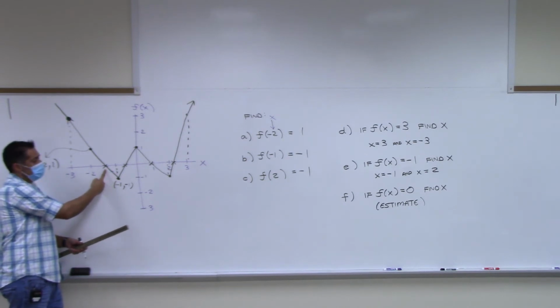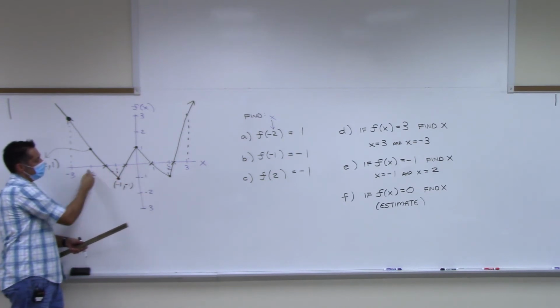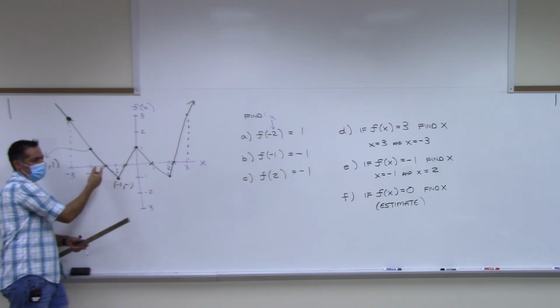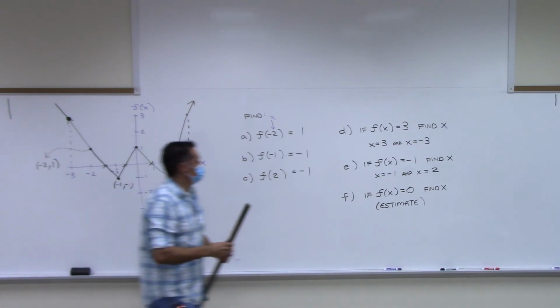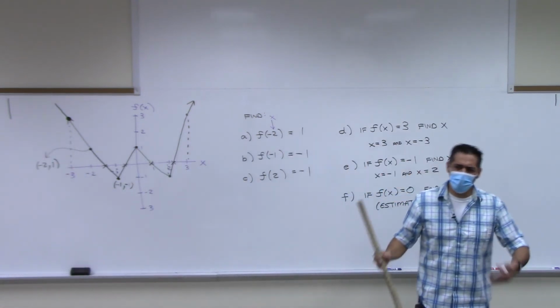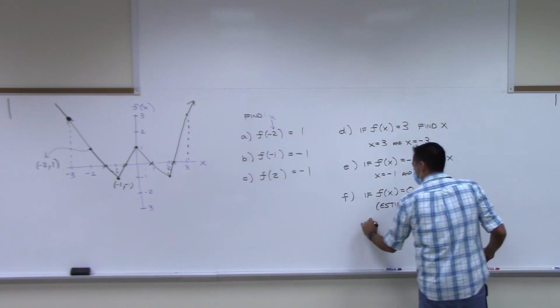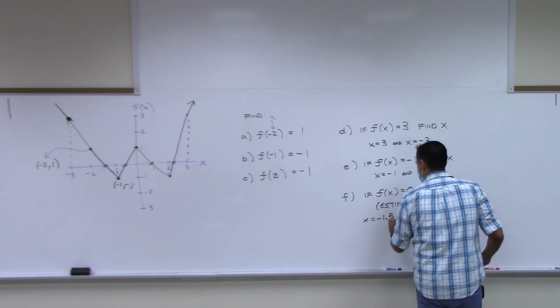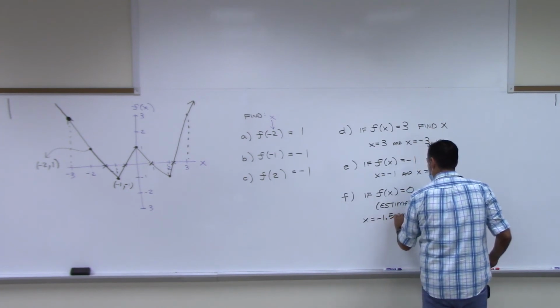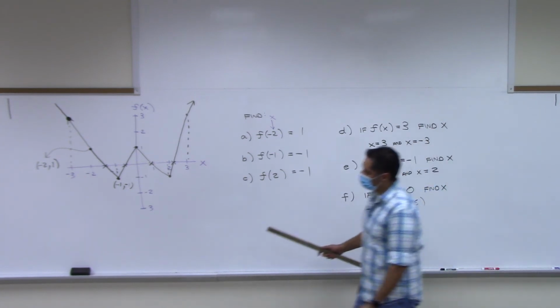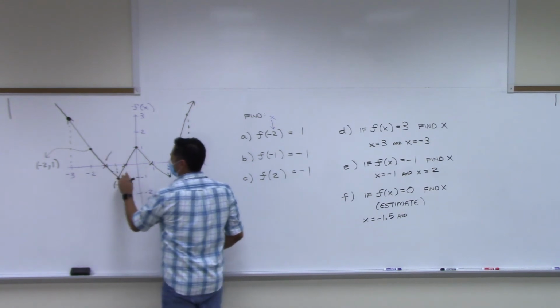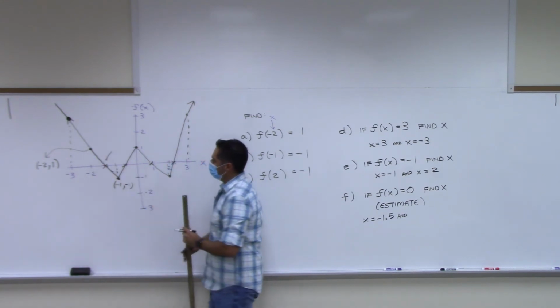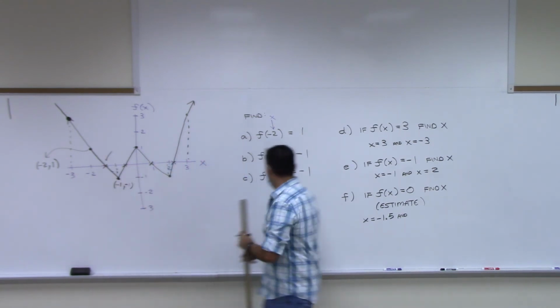-1.5. So like here's -1, here's -2. You think that's about halfway? You put -1.5? Someone might say -1.4. That'd be fine. X is -1.5. Okay? And what else? So that's this one. Somebody else estimate this one for me. -0.5, okay, -0.5.